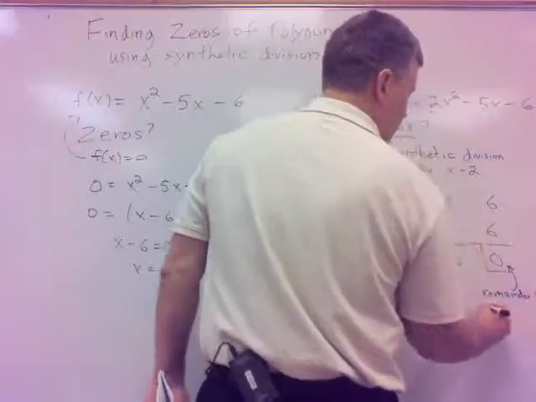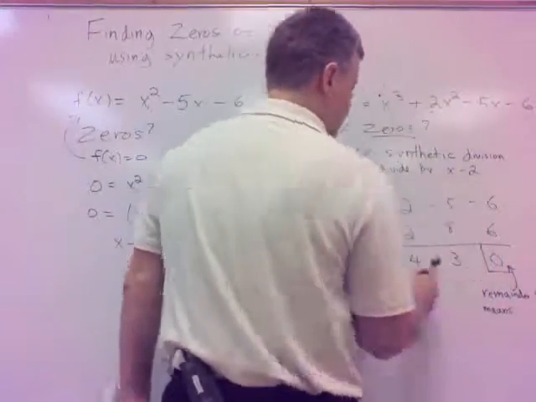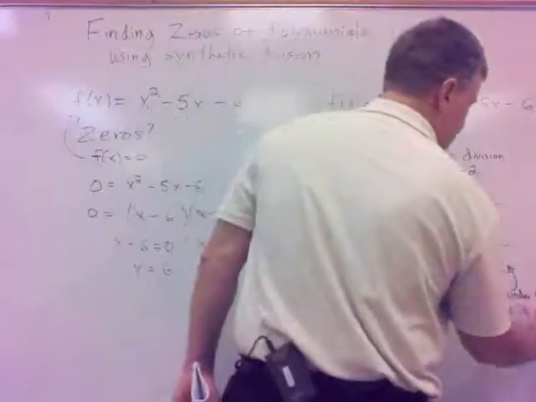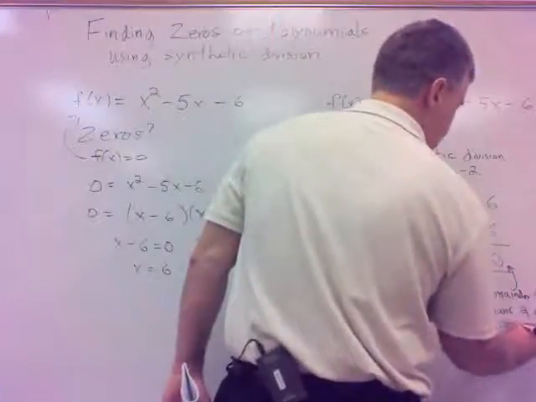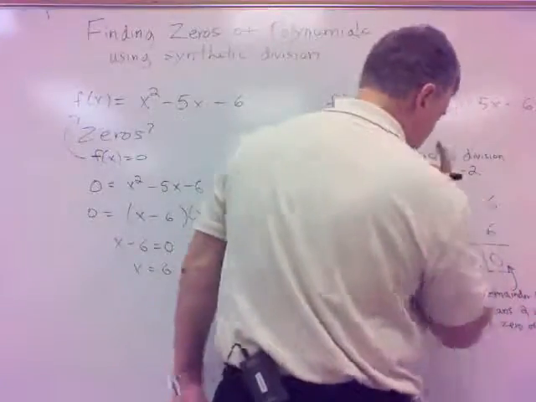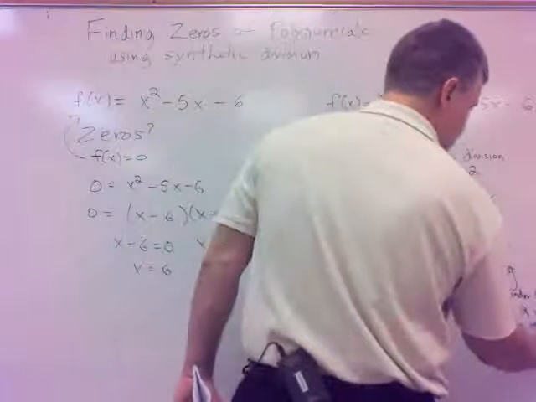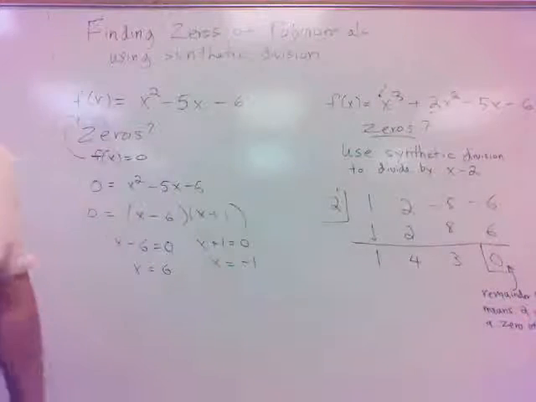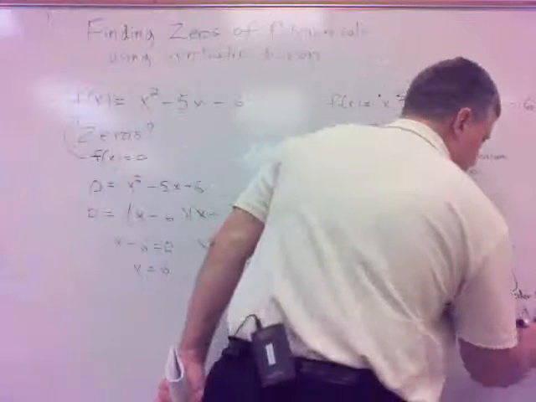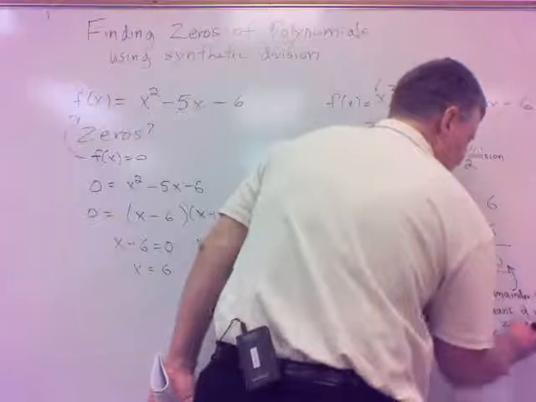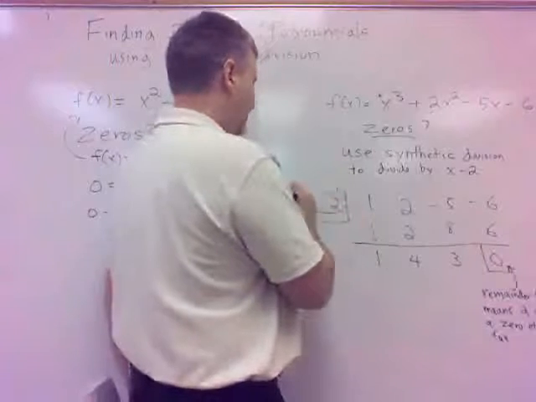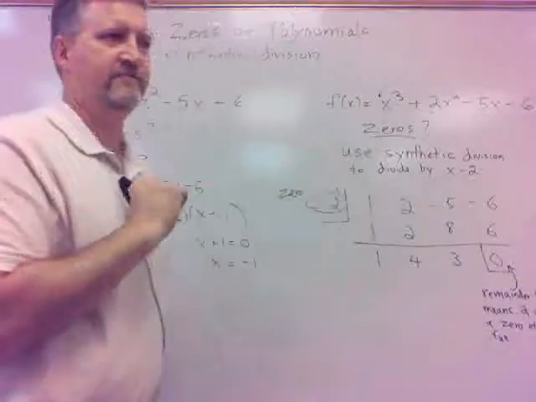Remainder 0 means the number up here in the box, 2, is a 0 of that function. Okay, that's nice. Get a 0 here, you got a 0 here. So 2 is a 0. We've got one of our zeros found.